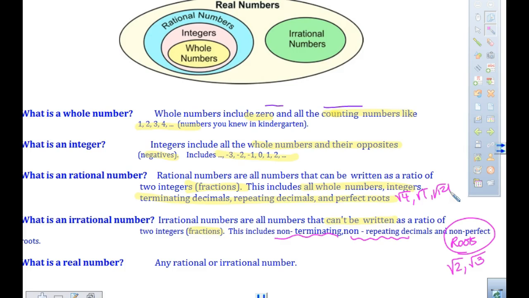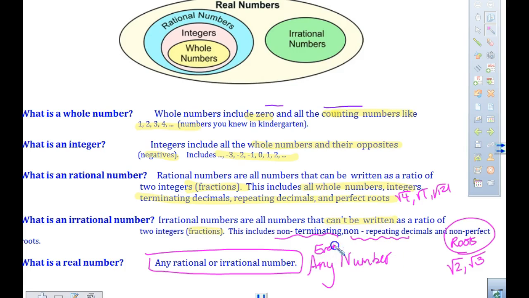So real is everything. The other thing I like to put down for real number, besides this, is I like to put any number on the number line. Or every number. Every number on the number line. Remember the video the other day?